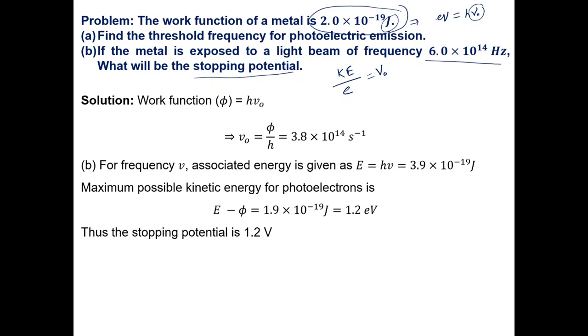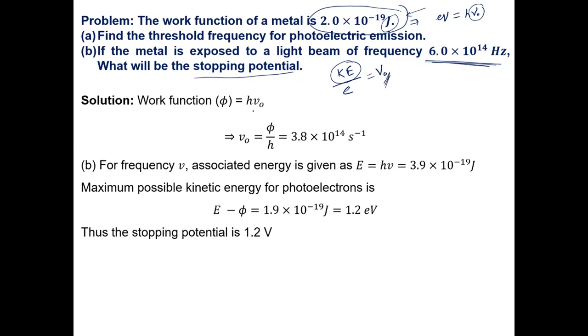So we have to find the kinetic energy of the electron which comes out if the incident light's frequency is 6 into 10 to the power 14 hertz. First we find the threshold frequency, then we feed back into this formula, get the kinetic energy, and then from kinetic energy we get the stopping potential. So let's do that.